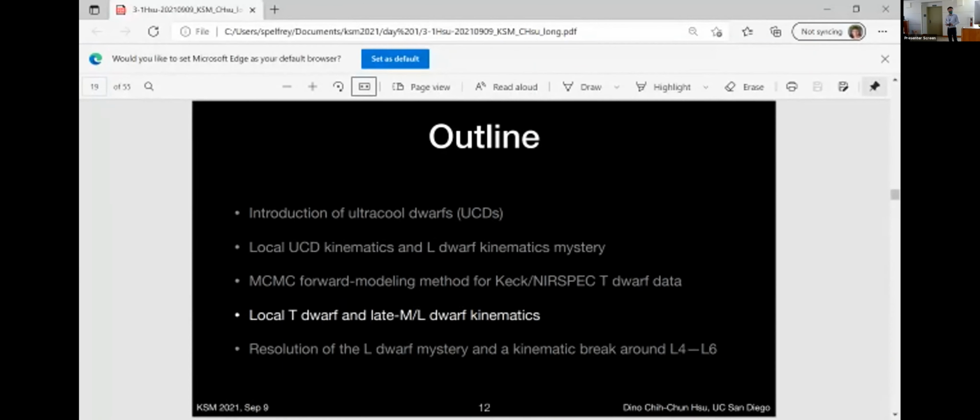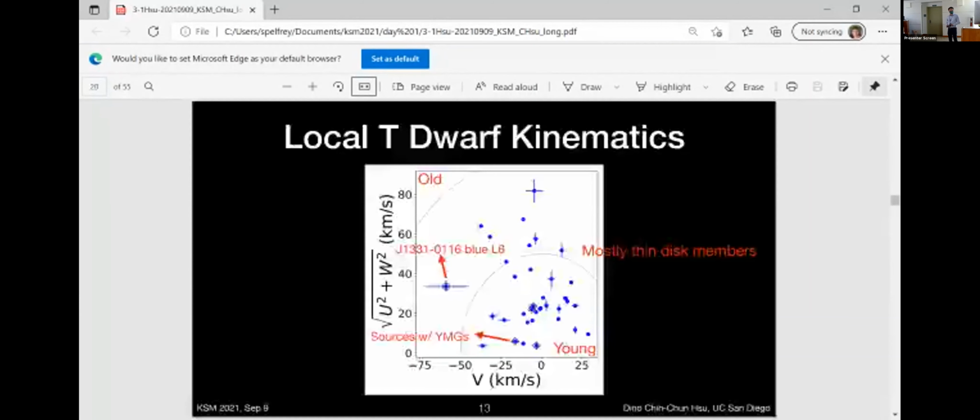Let's talk about the T dwarfs first and then move on to late Ms. For local T dwarfs, this is a summary diagram. For those who are not familiar with it, this is basically a Galactic velocity space, U and W velocity versus V. Generally, from lower right to upper left, it goes from a younger kinematic population to an older kinematic population. We identified one source in our T dwarf sample to actually be a blue L6.